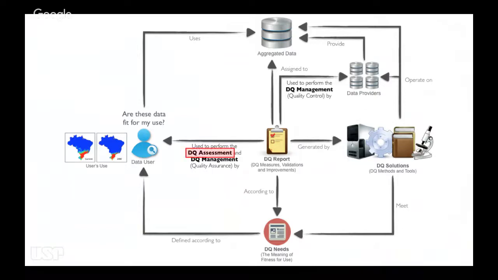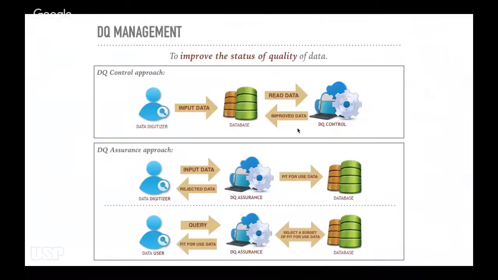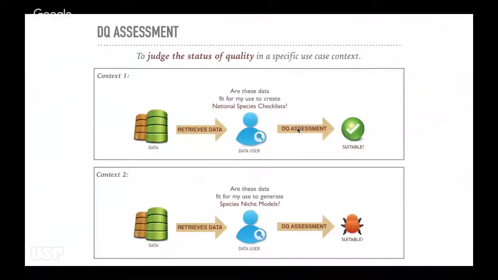But what do I mean by data quality assessment? Data quality assessment is basically to judge the status of quality in a specific use case. Let's say we have a data user who will use some data to create a national species checklist.